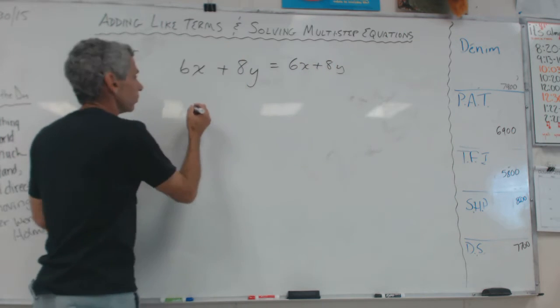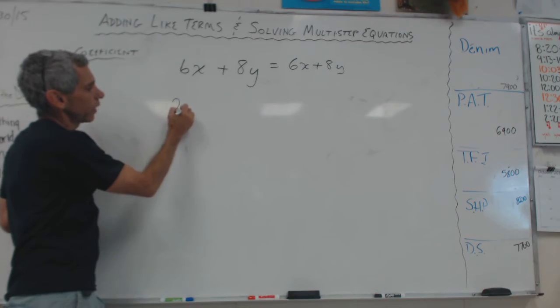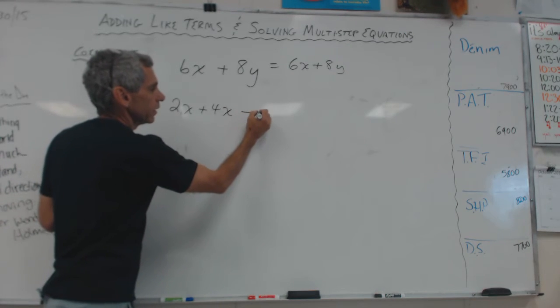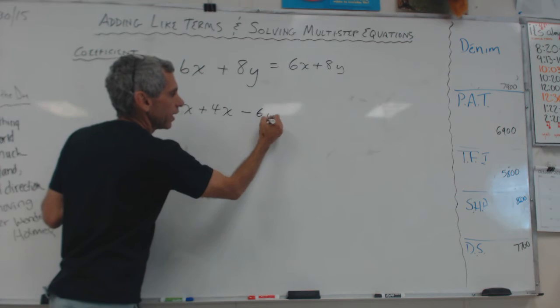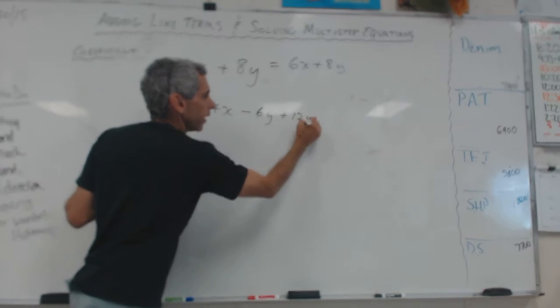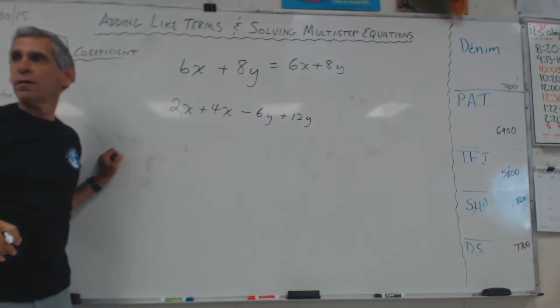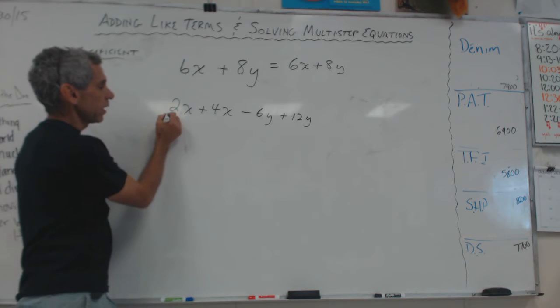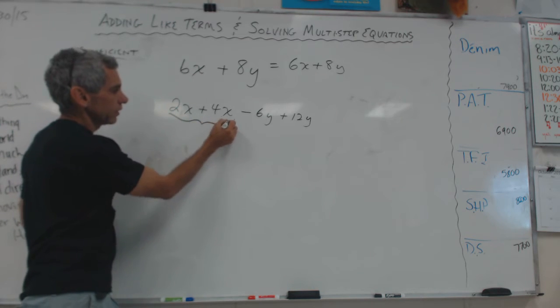Now what about this one? What if I gave you 2x plus 4x minus 6y plus 12y? All right, John. The answer would be 6x and 6y. You're noticing that these are like terms, right?